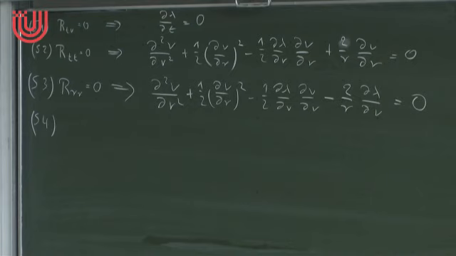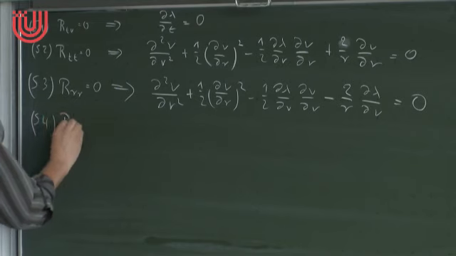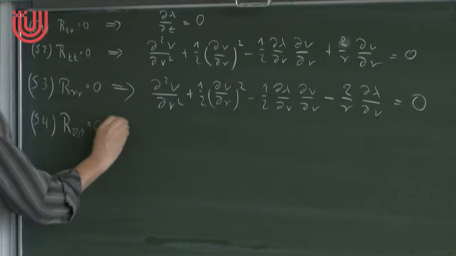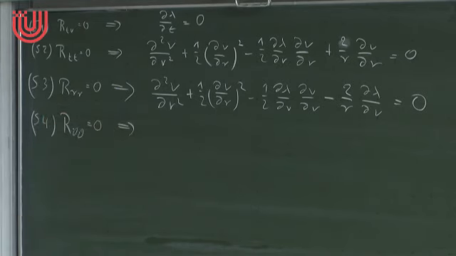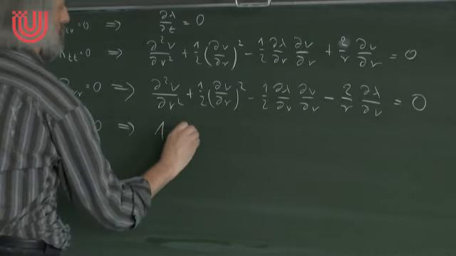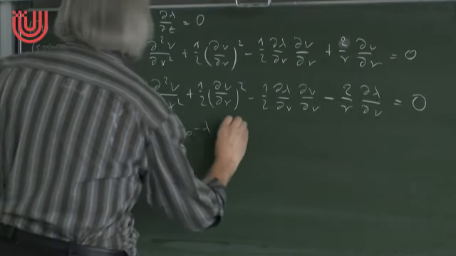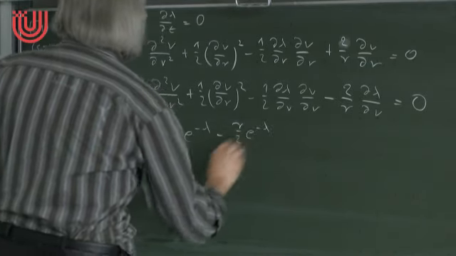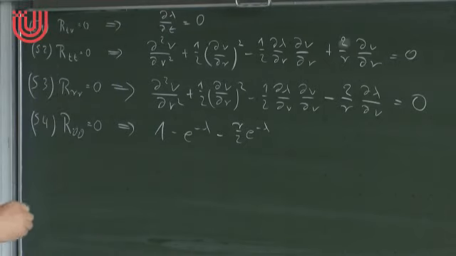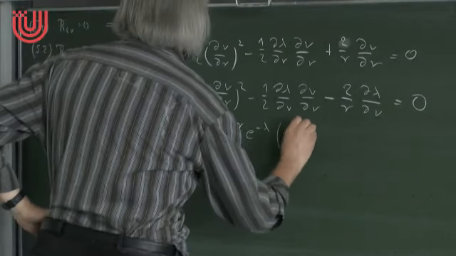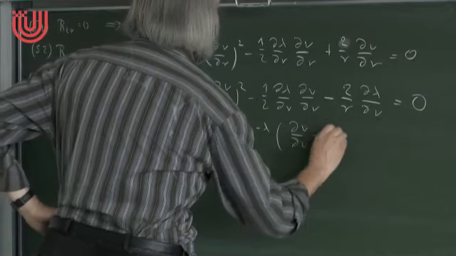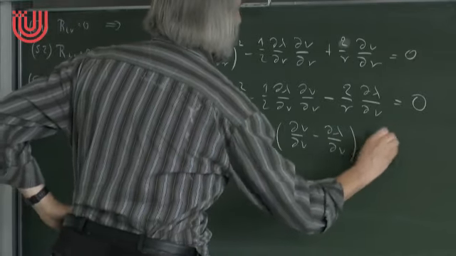So the last one, this is R_θθ equals 0. And this is simply this expression as it is there on the board: 1 minus e^(−λ), minus r half e^(−λ) (dν/dr − dλ/dr) is 0.